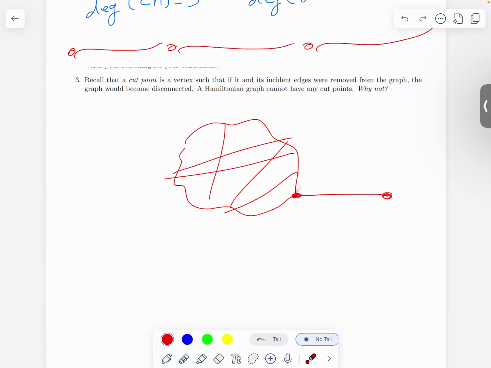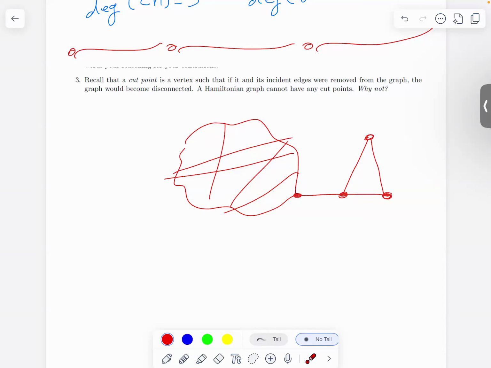And also this is a cut vertex because to go back to this side, and maybe there is more, I need to pass this vertex. Otherwise, this is not it. If I am able to come back from somewhere else to this branch, then this is not a cut vertex. So this means this graph is not Hamiltonian.